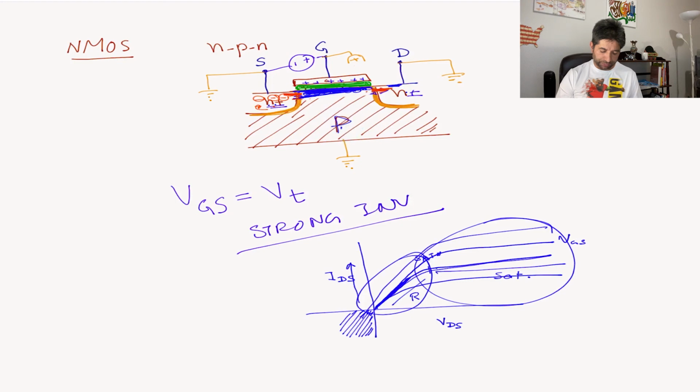So your curves are a little bit different, but if you want some basic understanding, once you understand this NMOS, I think understanding PMOS will not be difficult. So I hope you understood it, and I'm just thinking, is there anything else left on the transistor?